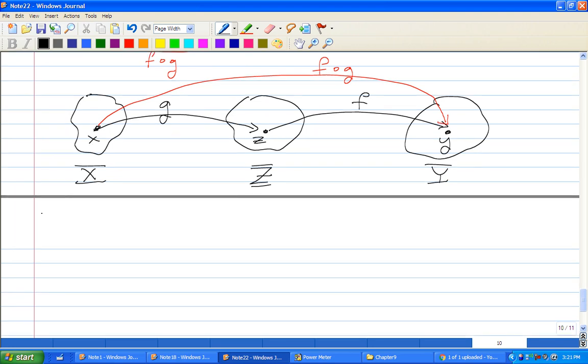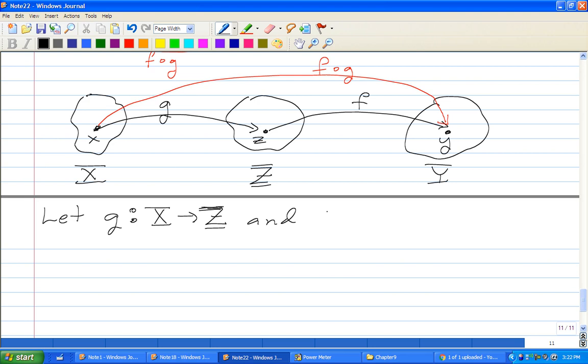So let g map X to Z and let f be a mapping from Z to Y. And so let these be rules.